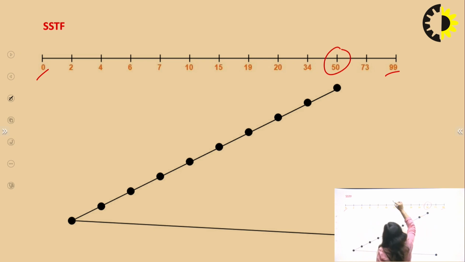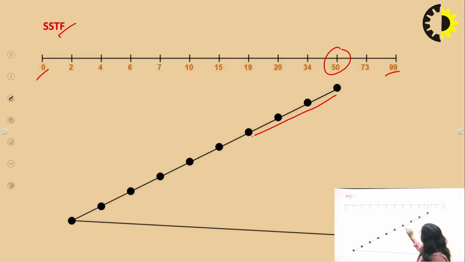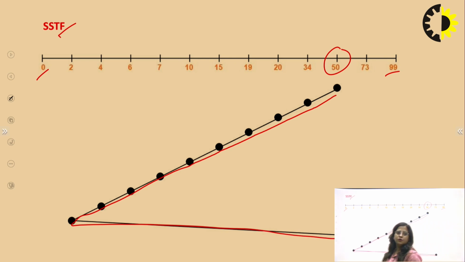Okay, now this is solved by SSTF. SSTF checks which number takes the shortest seek time. According to this, this number is shortest, then this. In this way you can apply all the requests one by one and find out the answer.